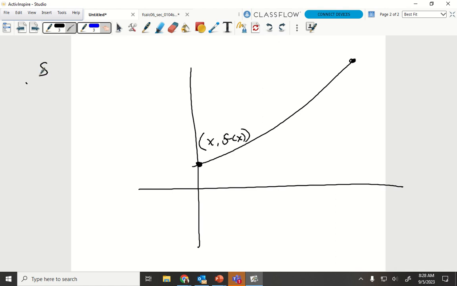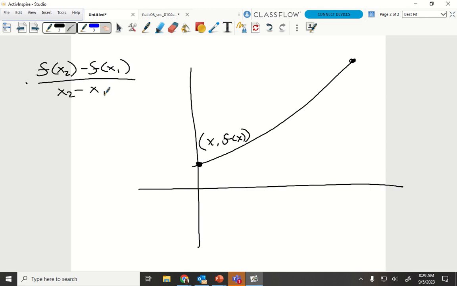Let's use f of x2 minus f of x1 over x2 minus x1. That is my slope formula, but I'm just writing it as functions instead.